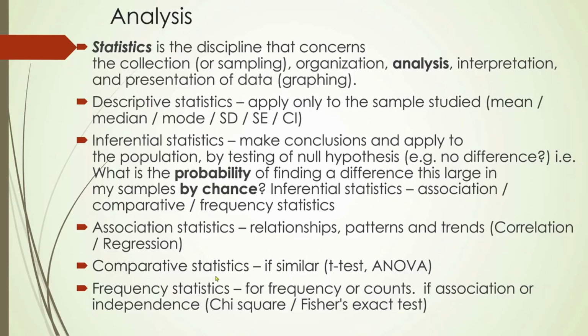For comparative statistics, usually we look for similarity between groups and among groups, with t-tests for two groups, and analysis of variance or ANOVA for two groups or more. Then frequency statistics is usually for frequency and counts. We look for association or independence using the chi-square test.